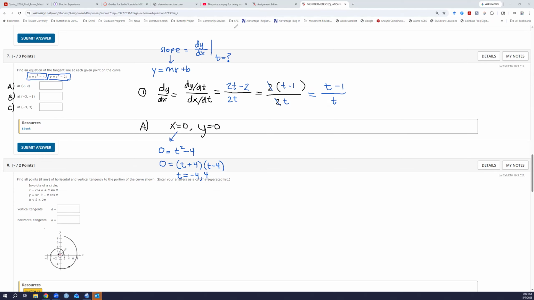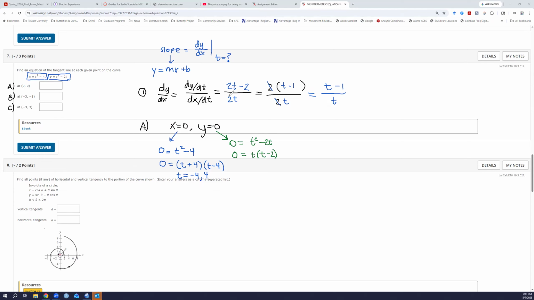Okay. And just for good measure, I want to go ahead and check to see, can I do something similar over here for y equals 0? And do I have a t value that corresponds to these t values that I got over here? So we'll set this as 0 is equal to t squared minus 2t. Let's go ahead and factor that. We have a t in common, so I'm going to factor out a t. And then let's go ahead and say we have a t minus 2.